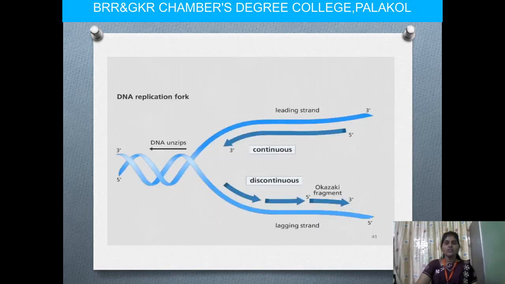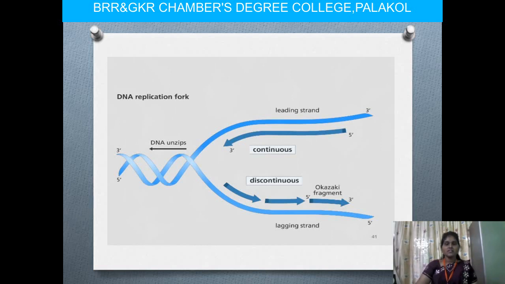Then here it is called a replication fork. Here we observe 3' and 5', and 5' to 3', and we have the leading strand and lagging strand. One is formed continuously, which is called the leading strand, and the discontinuous strand is called Okazaki fragments.